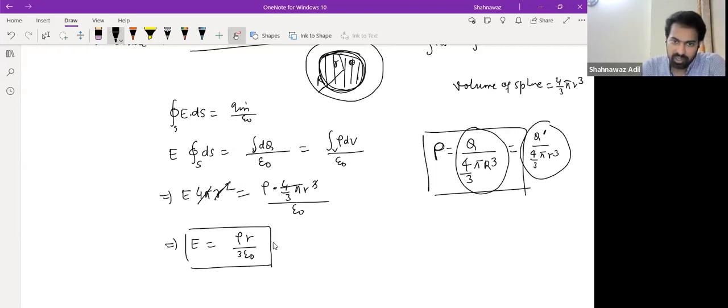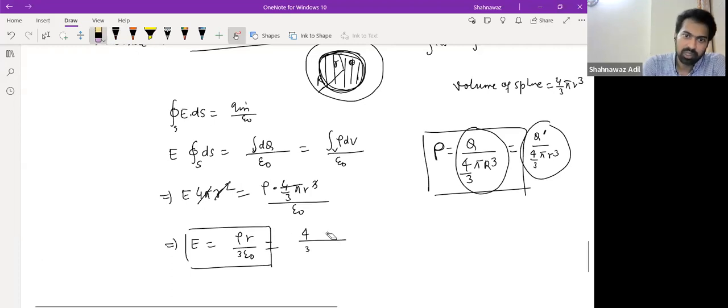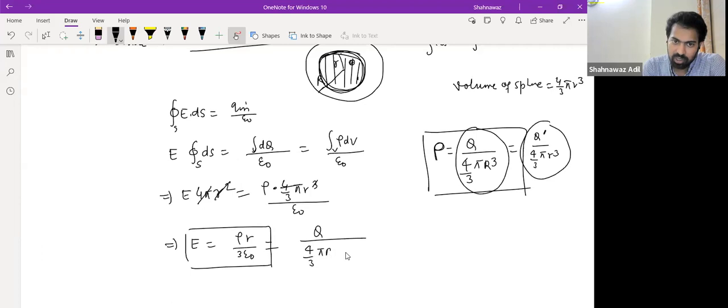So I can write rho as, remember this result also, Q by 4 by 3 pi R cube, and this is 3 epsilon naught, and this is r.